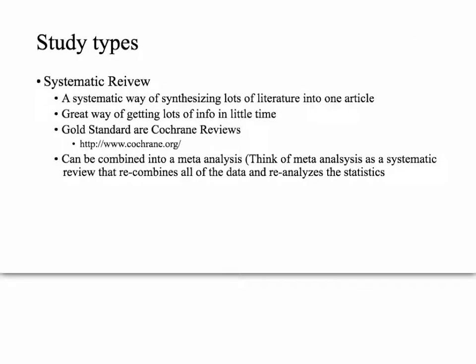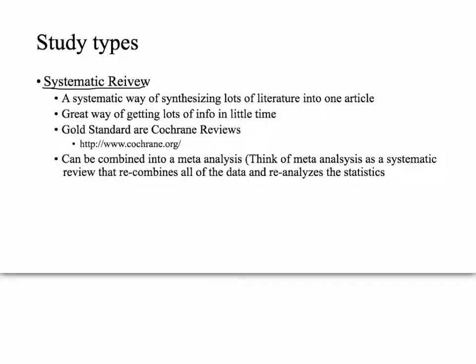Now, up a level from all of these are things that are not really studies in the classical sense, but they are studies. So one is a systematic review, and this is basically like if there's 18,000 papers written on the best treatment for sleeping during class, for example.